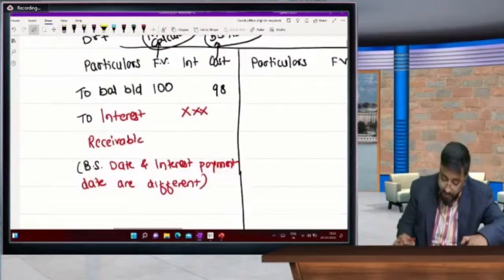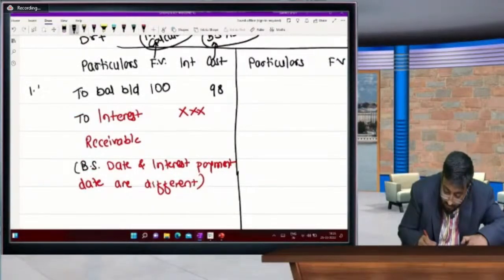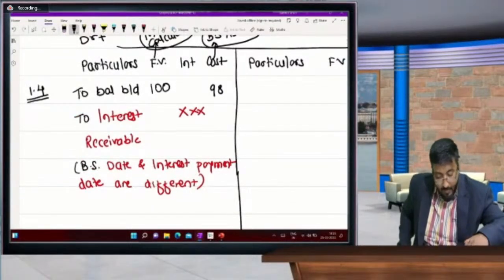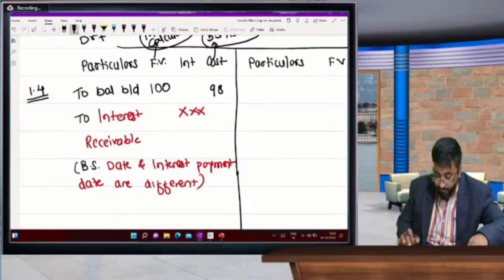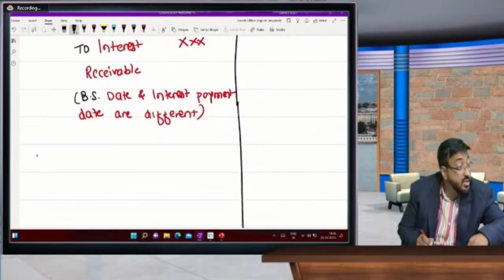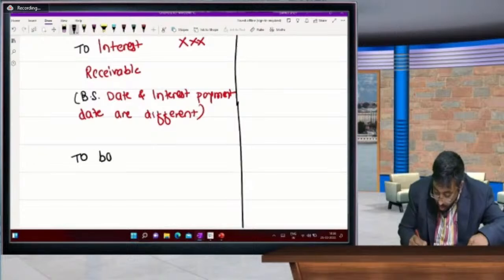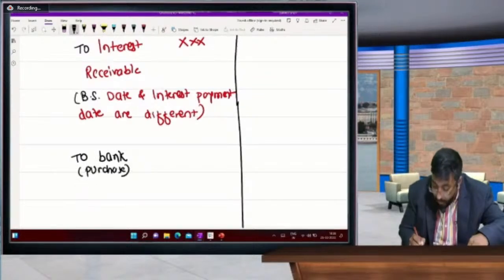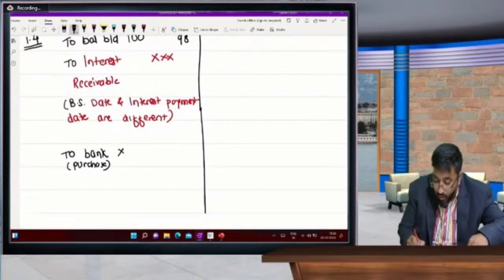Come on, write. So these are some opening entries. 1st April, correct. Then next one, now think. Now next one, when you purchase debentures, suppose you purchase debentures from the bank, purchase, investment. So first, where are you going to write, beta?